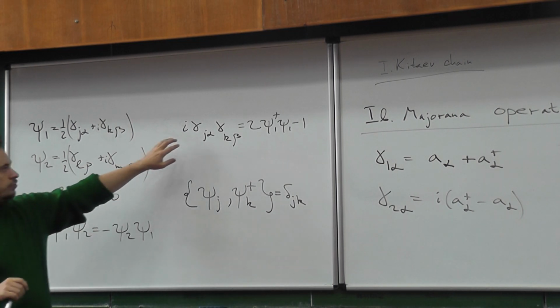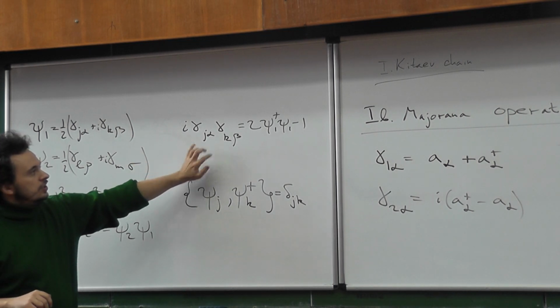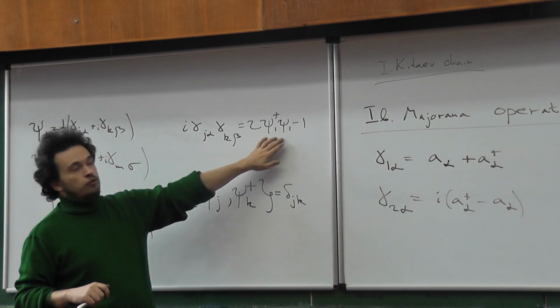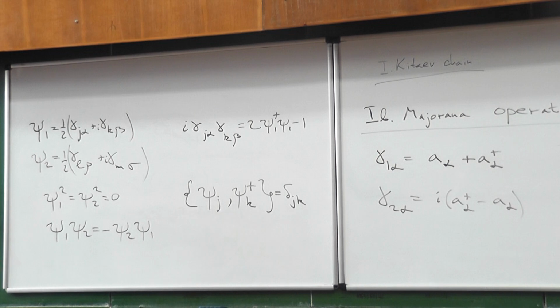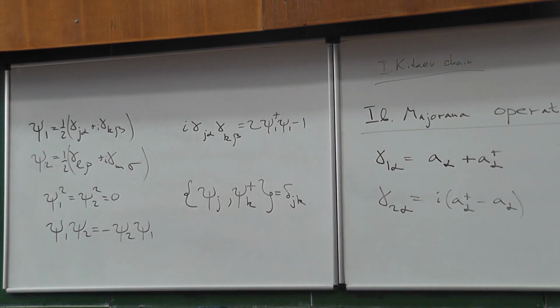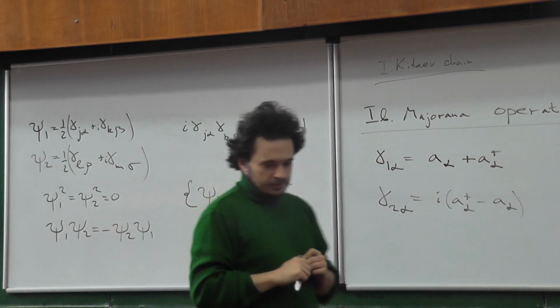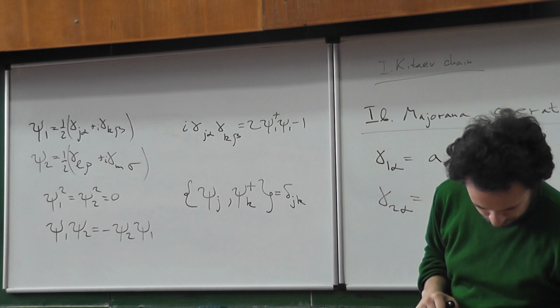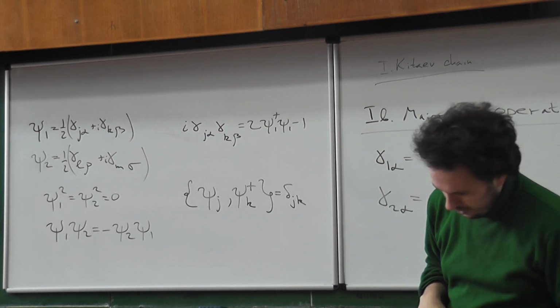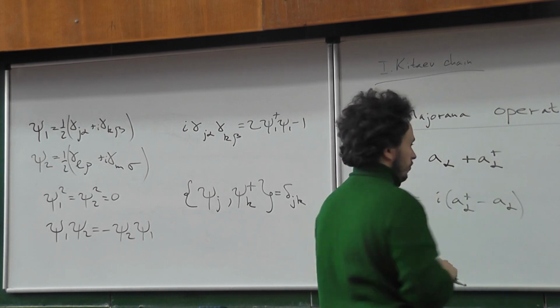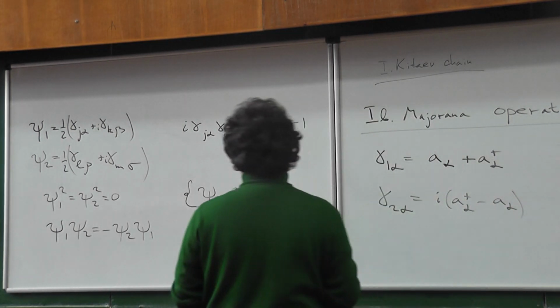Otherwise, this operator, which is the product of Majoranas, tells us whether the fermion is occupied or not. Everything is the same. Okay, so that was the exercise of introducing Majoranas.